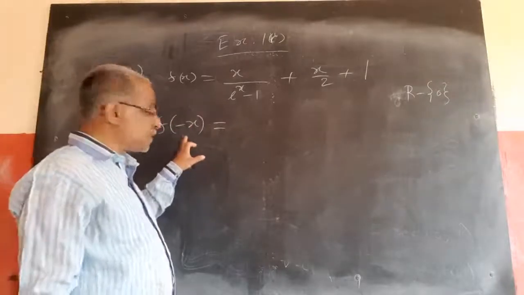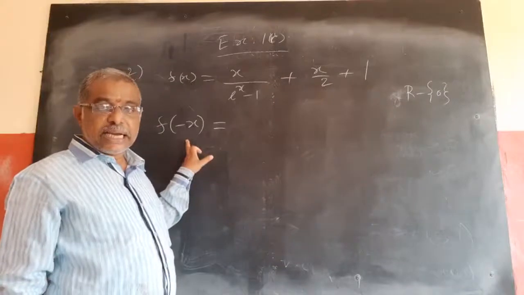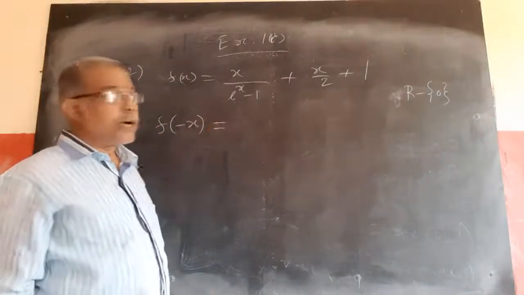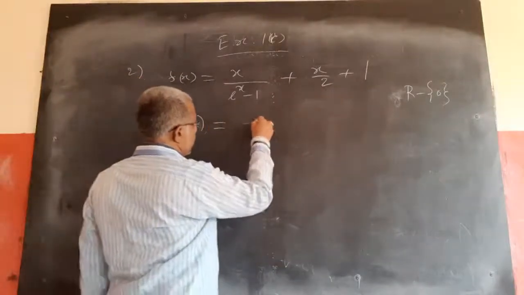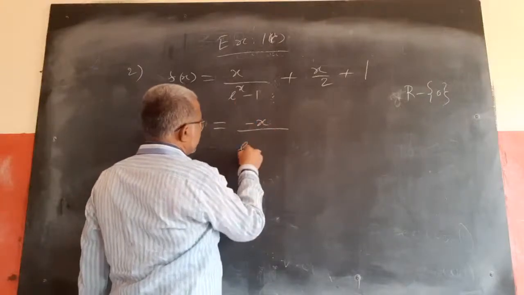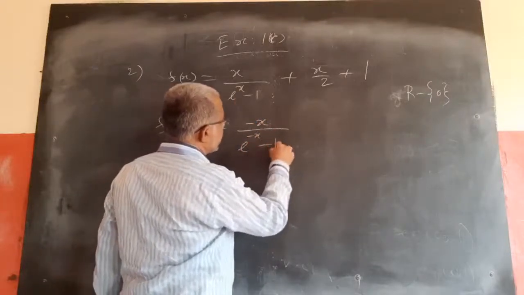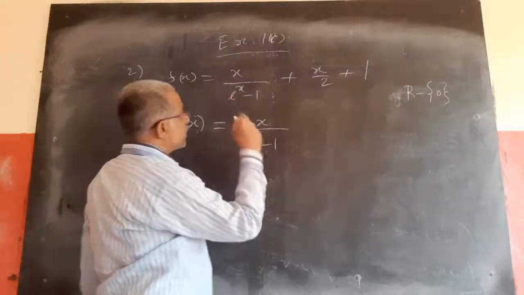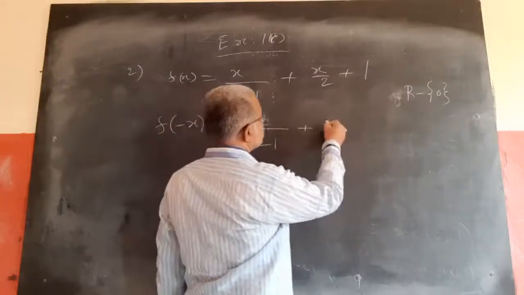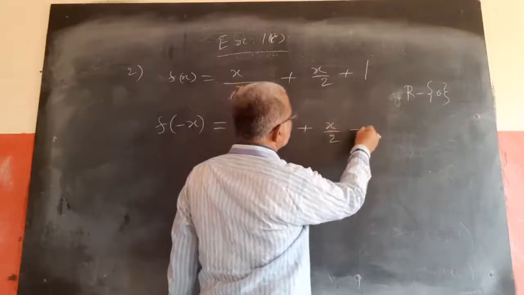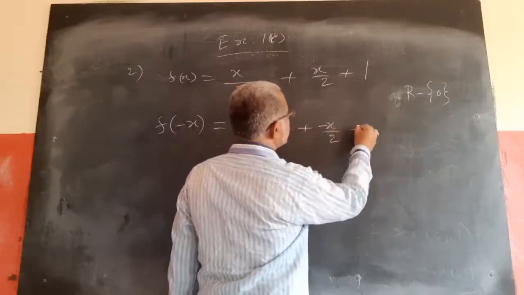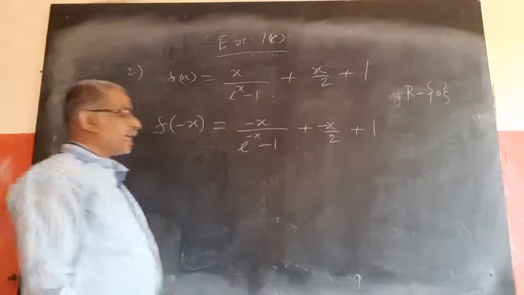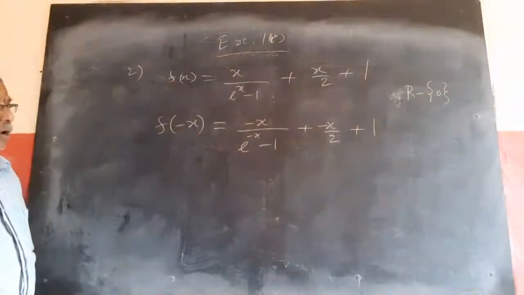So f of minus x is minus x by e power minus x minus 1 plus minus x by 2 plus 1.